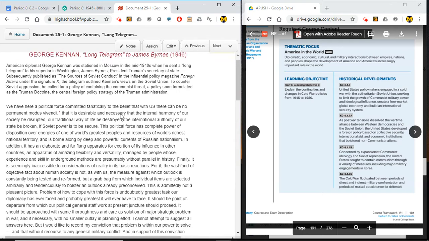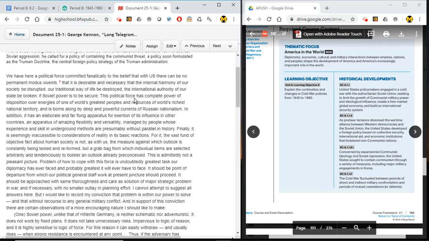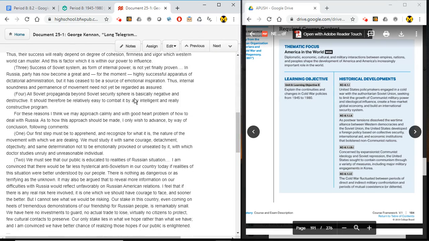But in this particular note, Kennan is more or less describing why the Soviet Union was dangerous and why the U.S. had to form a foreign policy that was focused on the containment and stopping of the Soviet Union's expansion. So when that is seen and understood, it becomes very, very influential.